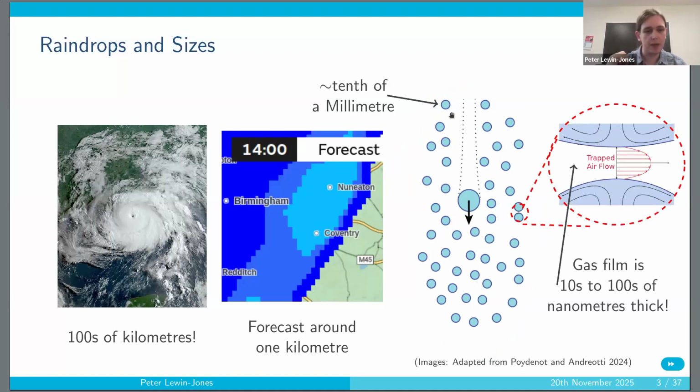So if we compare the size of the whole storm system down to the air between these drops, we've got, say, 1 trillion orders of magnitude, which is a pretty extraordinary range of sizes. The process that I'm really going to be talking about today, though, is this final problem of when two individual drops are impacting with this air between them.